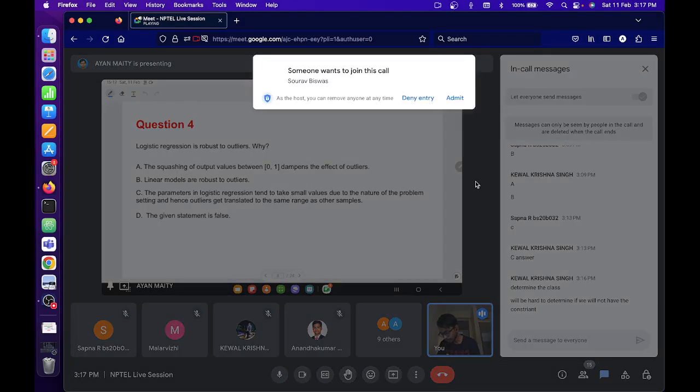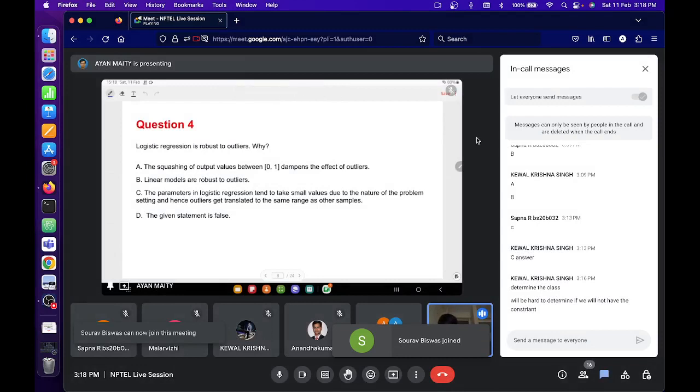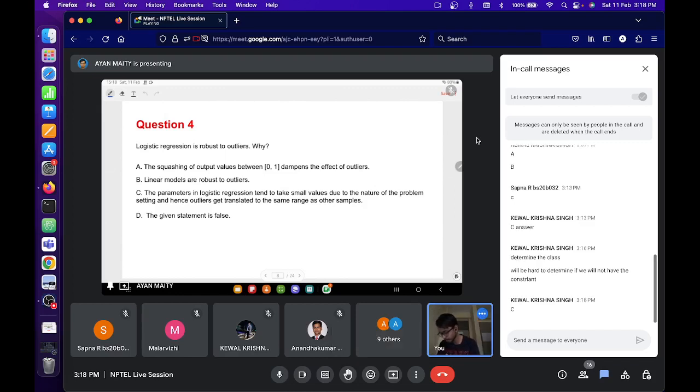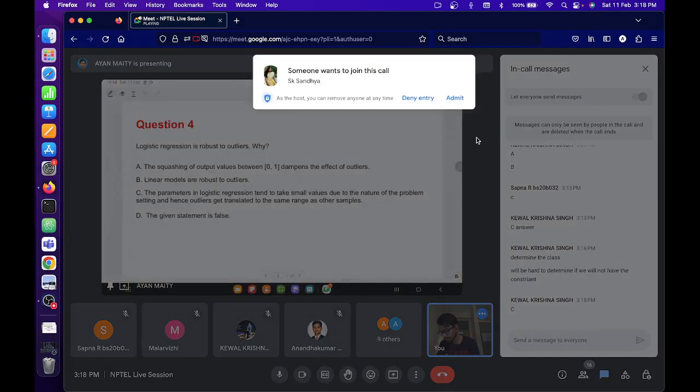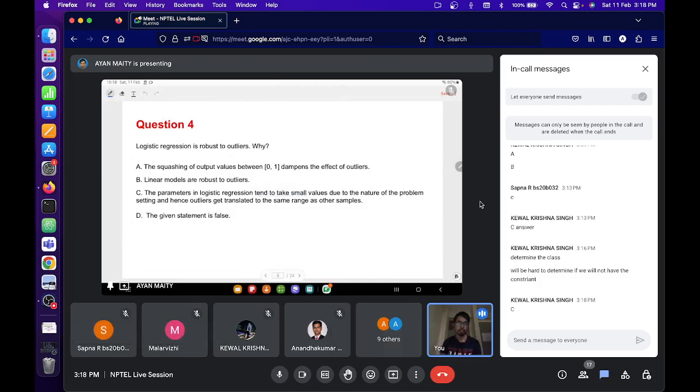C: the parameters in logistic regression tend to take small values due to the nature of the problem setting, and hence outliers get translated to the same range as the other samples. And D: the given statement itself is false, that logistic regression is robust to outliers. Which of these 4 is the actual reason behind this robustness to outliers?